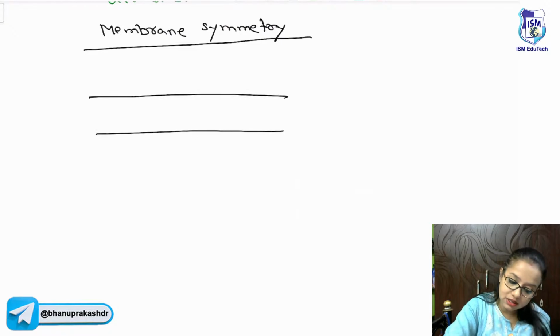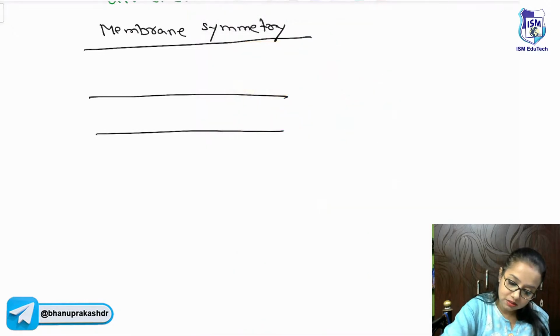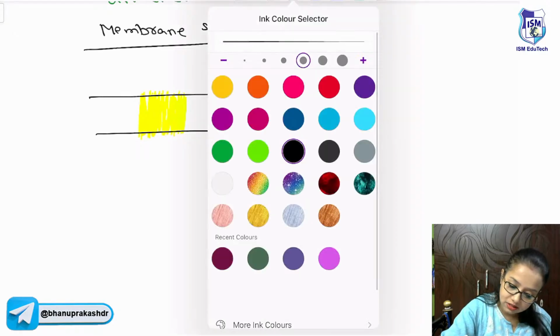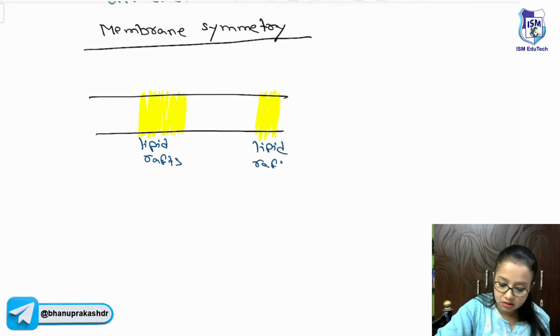There are certain regions in the membrane which are termed as lipid rafts.